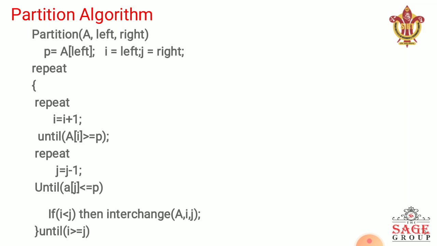We work separately with the j index. The j index is presently at the rightmost position, and we decrease its position until the j index finds a value smaller than the pivot. If we find these, then we exchange, or interchange, the i and j values, until i is greater than or equal to j.